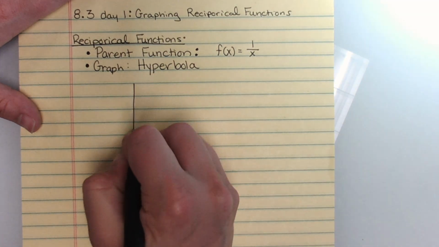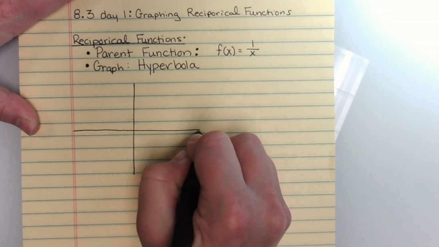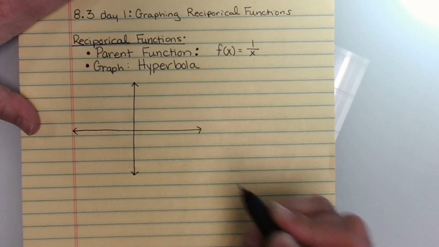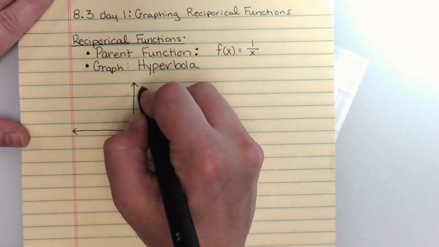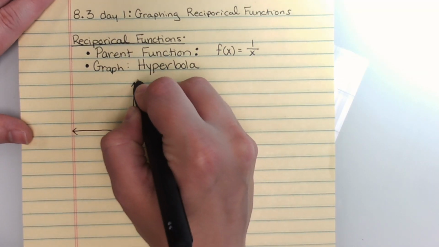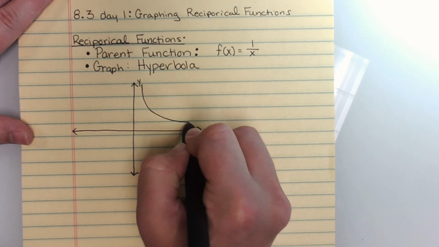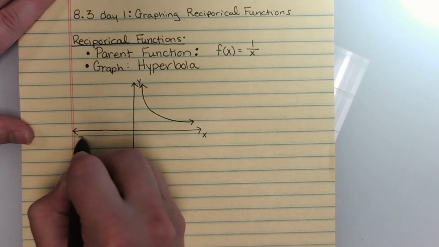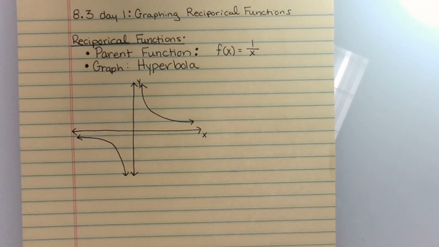And a hyperbola will look something like this. Here's my x and y axes. A hyperbola is a type of graph that's broken up into two parts.